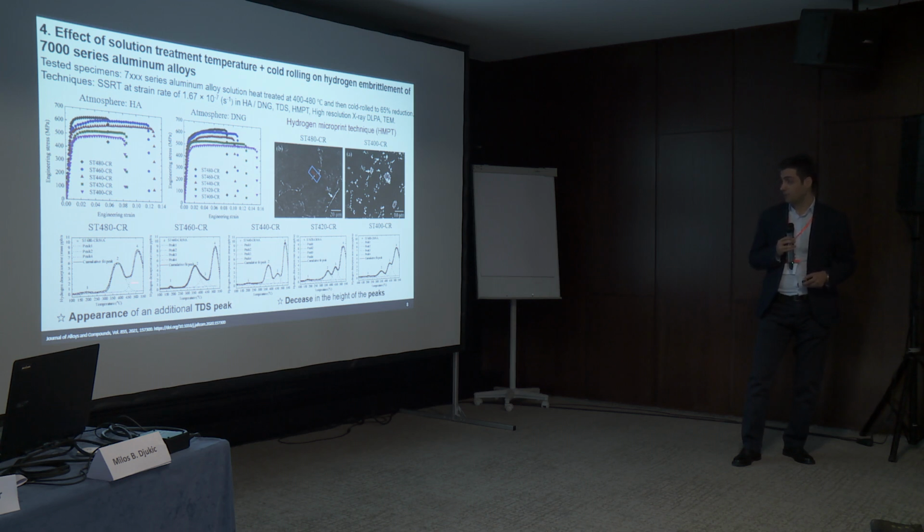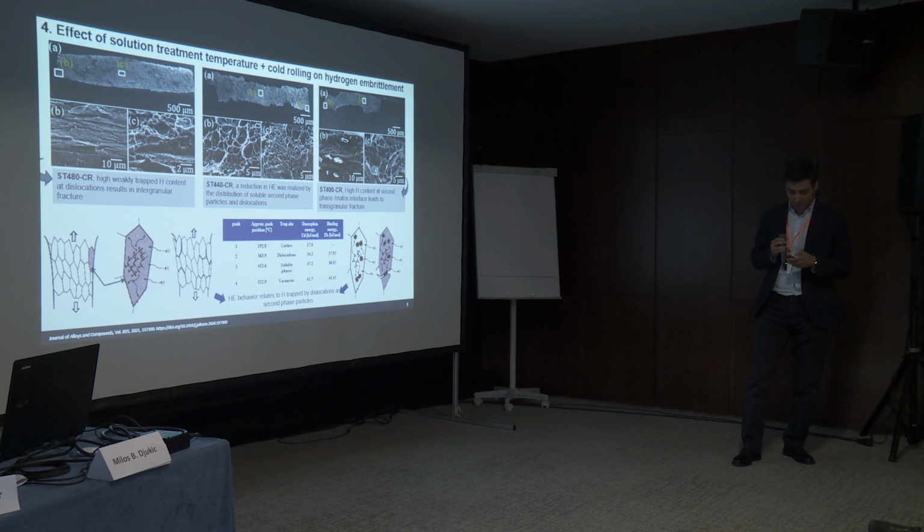We have that here with the decreasing of the solution treatment temperature, with a constant amount of deformation, and then eventually we can see that the behavior of the material can be changed according to that.